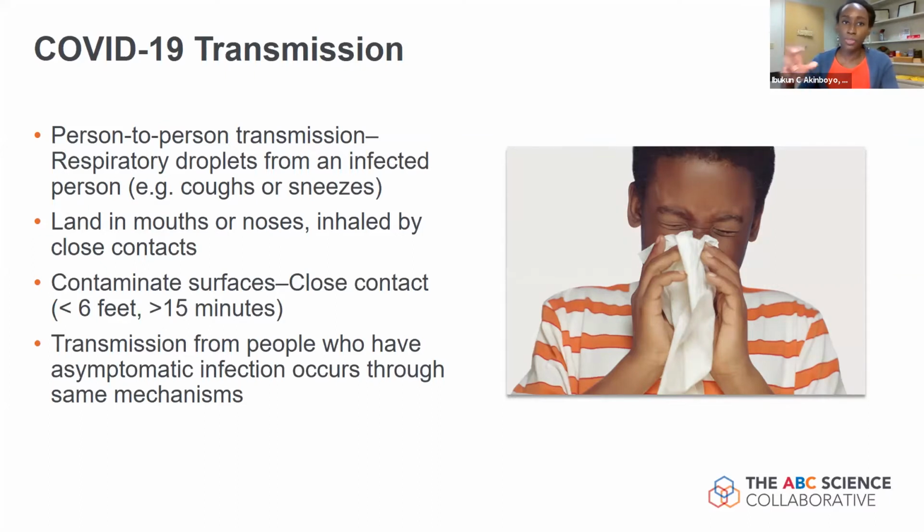They are produced when someone coughs or sneezes. If it lands in your mouth or nose, or is inhaled by a close contact, you can spread the infection. Of course, there's the possibility that surfaces can be contaminated, and if you touch one and then touch your face you could potentially get infected, but this is not a major way of transmitting the infection. And finally, the key difference here is from some of our other respiratory viruses.